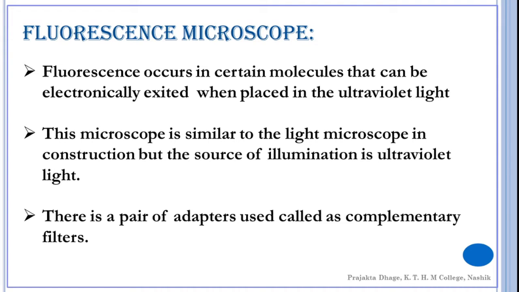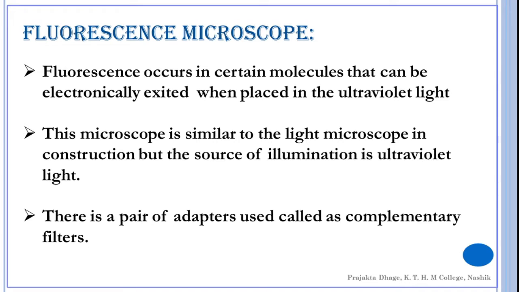The construction of fluorescent microscope is the same as that of the light microscope. The difference is that it uses ultraviolet light as a source of illumination and has adapters called complementary filters.